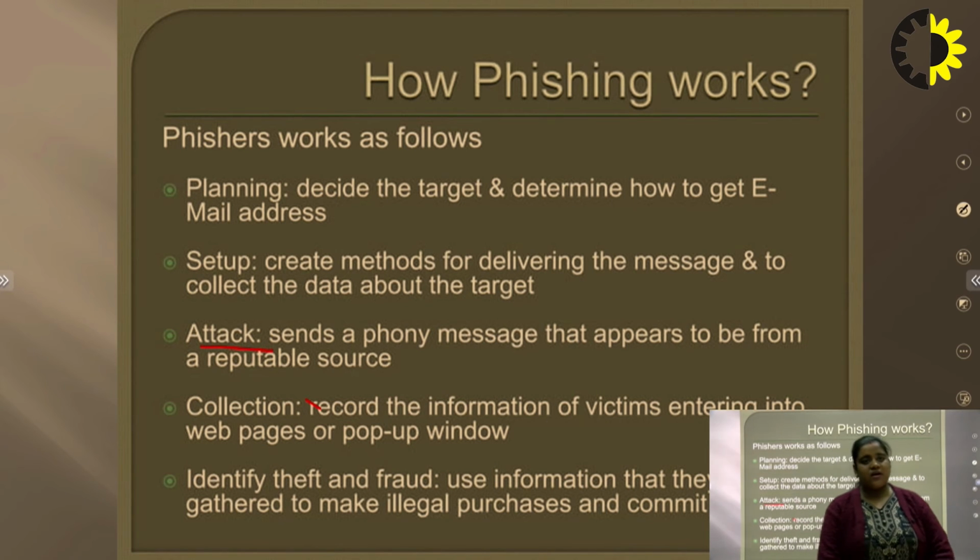After launching the attack with the help of a link or attachment, they collect the information of the user, and in the last step, they identify what strategies they can follow to demand a ransom from the end user. This is the overall method used by the attacker to launch a phishing strategy on the genuine user.